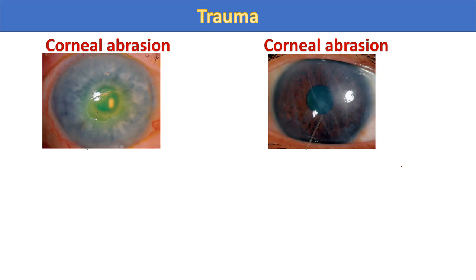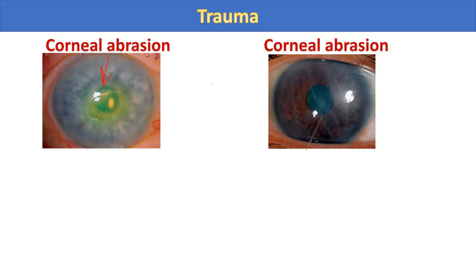Also, no patching is necessary if the abrasion is small. So what is the use of patching in case of sloughing of the epithelium? It is just to prevent the rubbing of the eyelid against the cornea, so that it promotes epithelialization. But this is not very important for small abrasions like that.